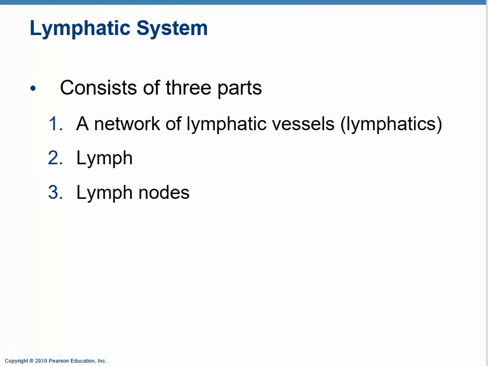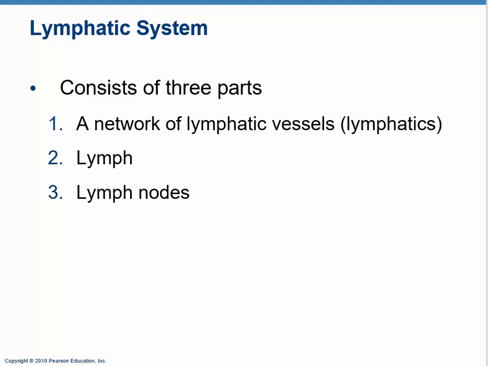So this is about the lymphatic system. The lymphatic system is another circulatory system that supports the circulatory system that deals with blood. It's about returning fluids back to the cardiovascular system.